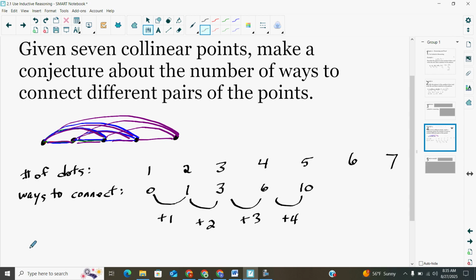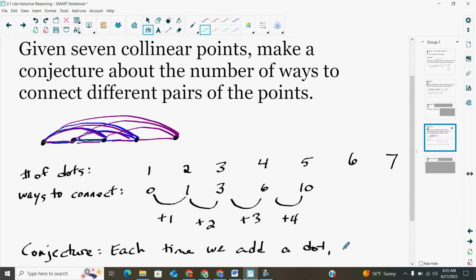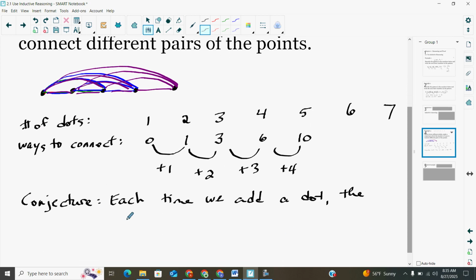So our conjecture is each time we add a dot, the number of new ways to connect increases by 1.